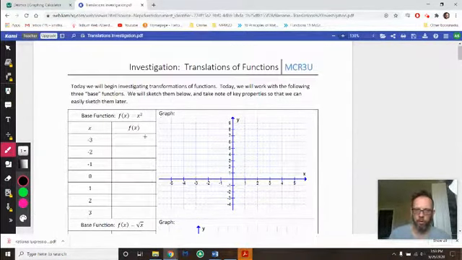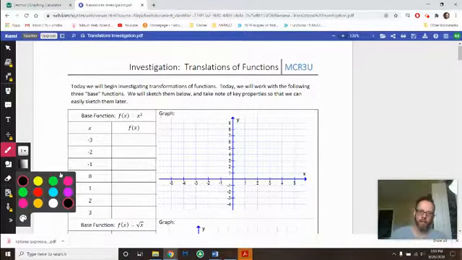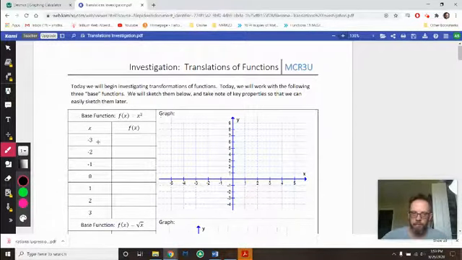So we're just going to do a little exercise graphing those guys and just understanding their basic table of values. Moving forward, you guys would be expected to be able to graph these with these key points automatically, no thought involved.